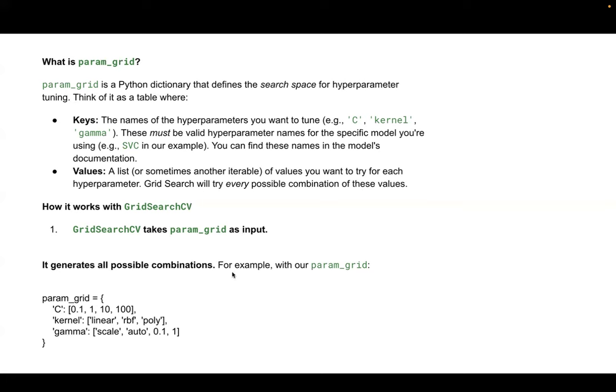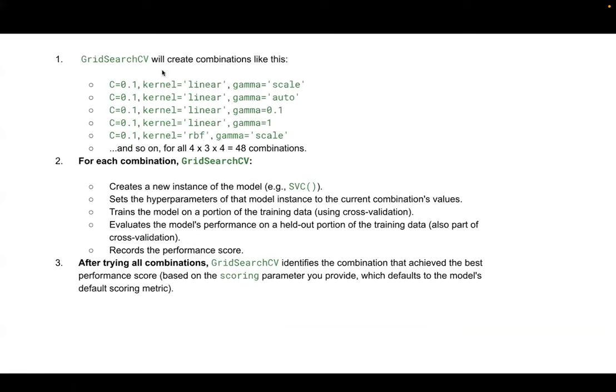And how it will train is, it'll take every combination and train the model on it. Like 0.1 with linear gamma scale, 0.1 with linear auto, 0.1 with linear gamma 0.1. Like that, every combination it will take. 4 by 3 by 4, like all 48 combinations. It will train the model.